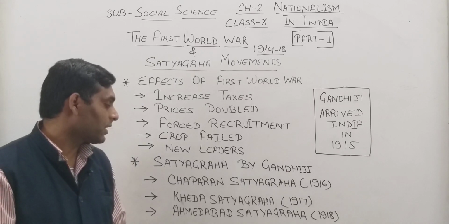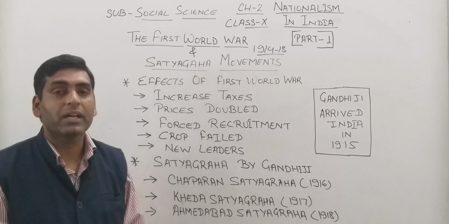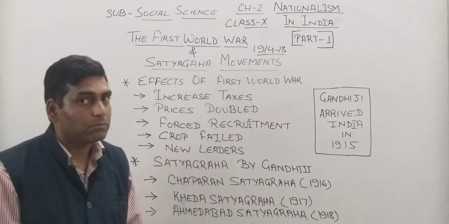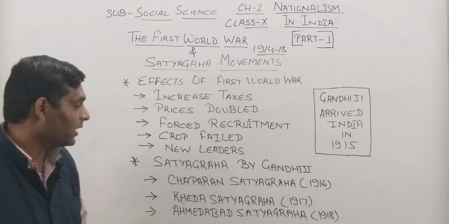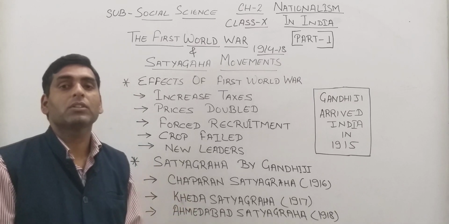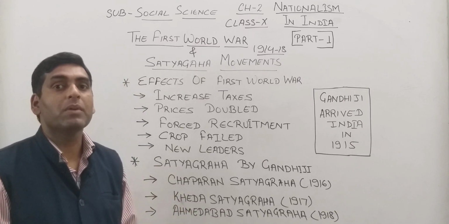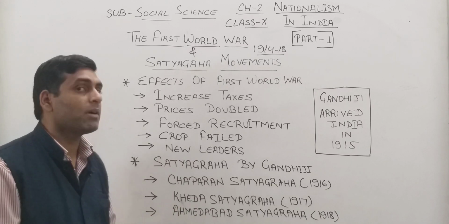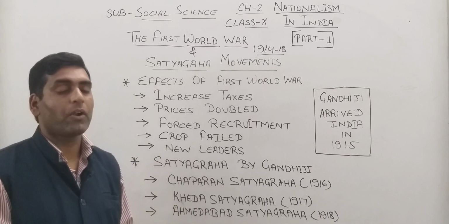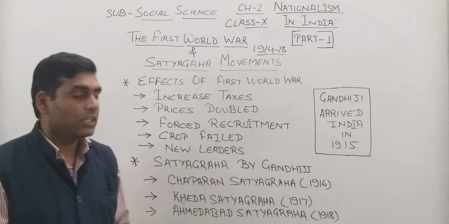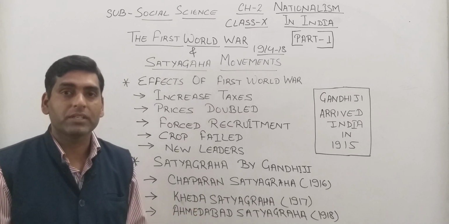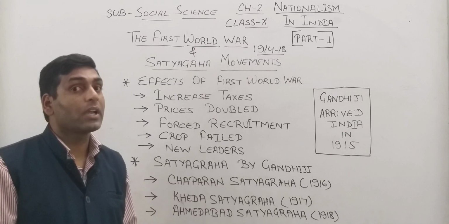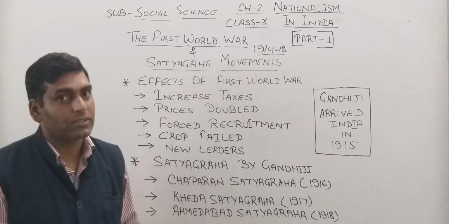Then the last satyagraha introduced by Mahatma Gandhi, in 1918, was the Ahmedabad Satyagraha. In this satyagraha, Gandhiji took up the cause of the cotton mill workers. The cotton mill workers in Ahmedabad were highly exploited by the British government. They did not receive a proper amount of wages or any type of allowances, and their working hours were not fixed.